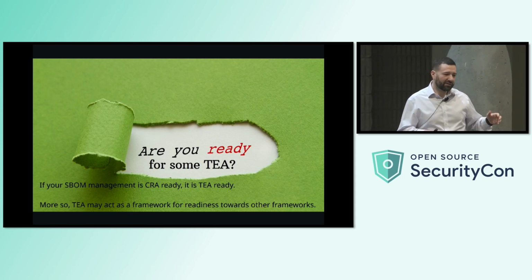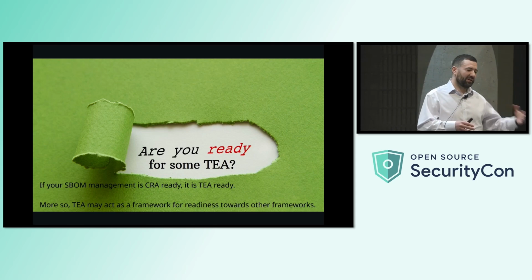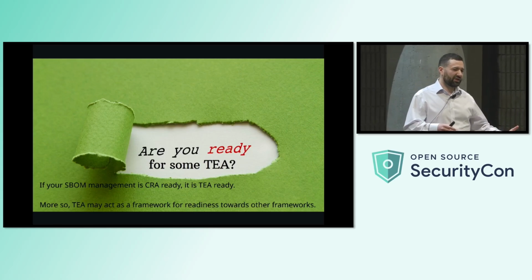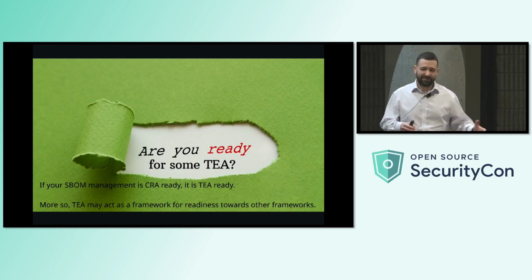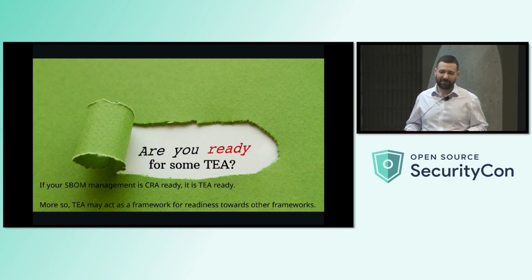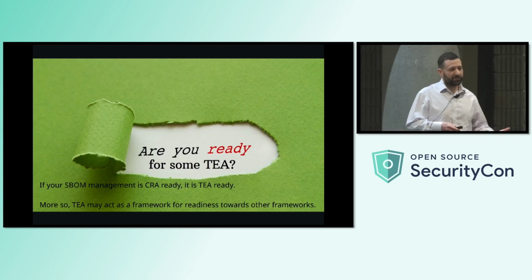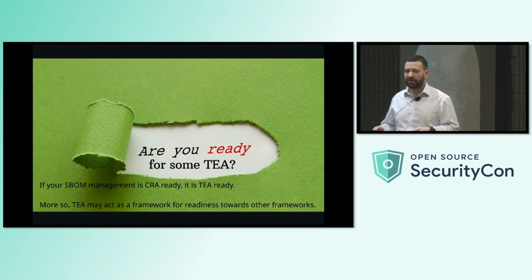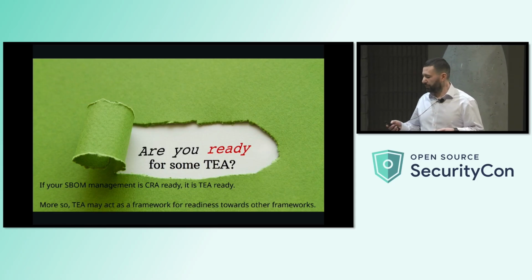On the other hand, I believe that if they start with the implementation of the Transparency Exchange API, it would be much easier to get to compliance with other things. So we're trying to build this framework which is compatible with other frameworks, like the CRA that I mentioned.